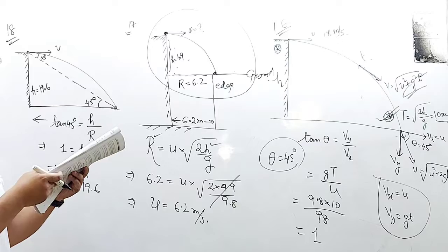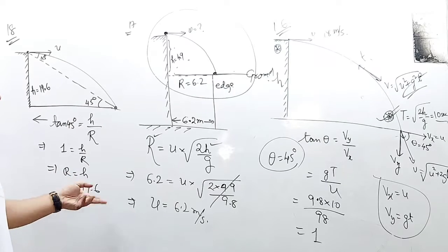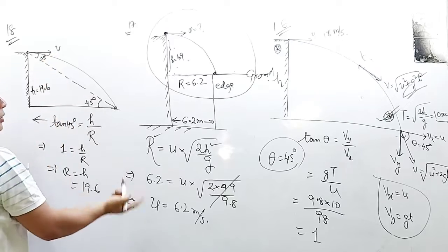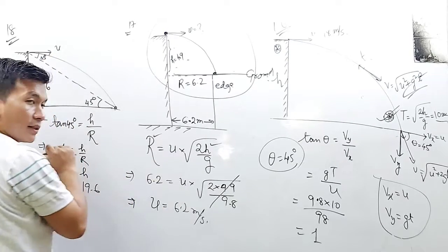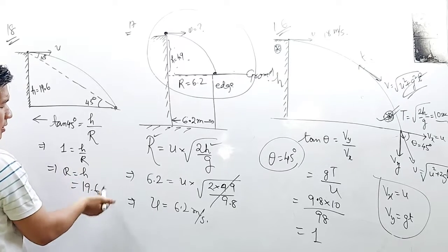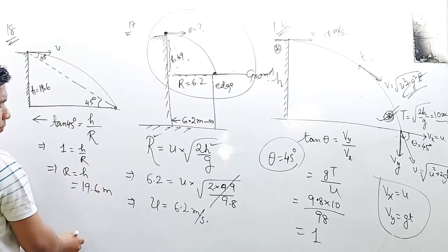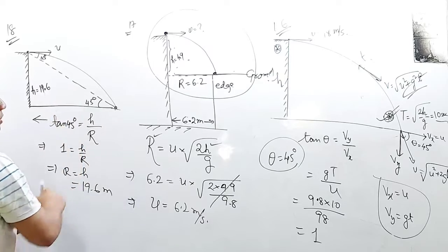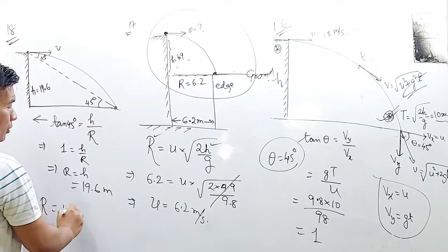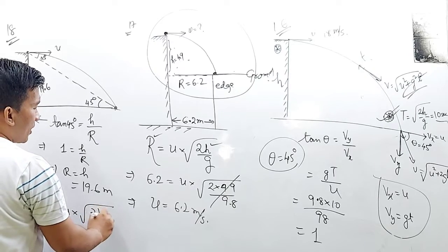Can we calculate the value of the initial velocity? It is very simple, you can calculate it from here. If you know the value of range is 19.6, and height is also 19.6, then the range is equal to u into root over 2h divided by g.